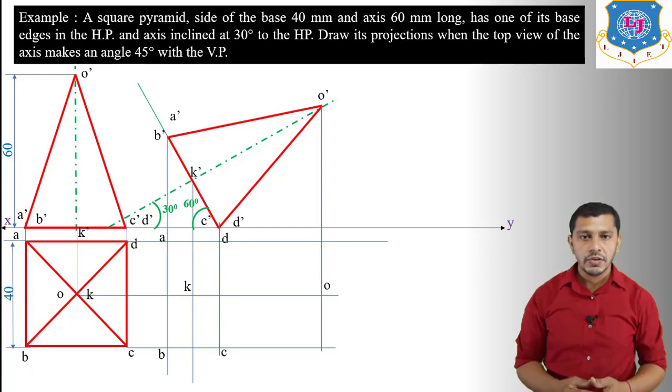Now while drawing the top view in the second stage, we have to take 3 points in our mind, because some of the edges in the top view are going to be hidden. So the first point is the outlines in the top view are going to be visible. The second point is the surfaces which are nearer to the observer are going to be visible.